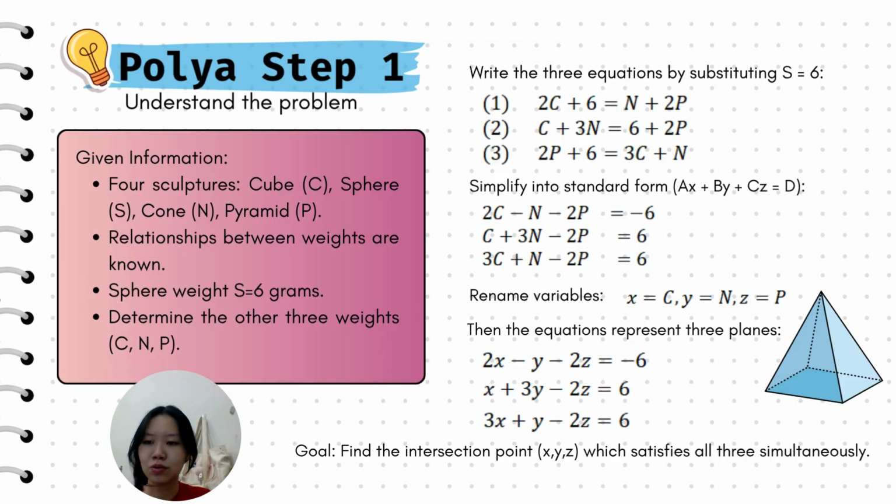And we know that the sphere weighs exactly 6 grams. Therefore, the task is to find the weights of c, n, and p by using a graphical approach to show it.